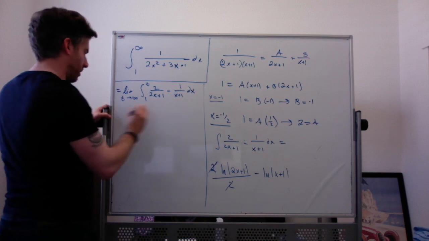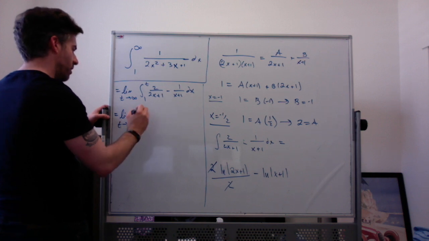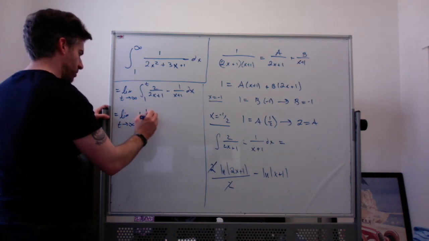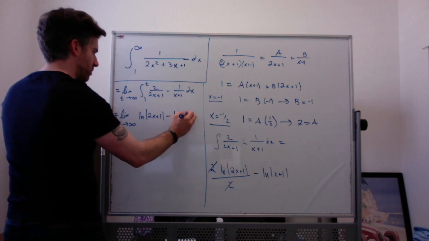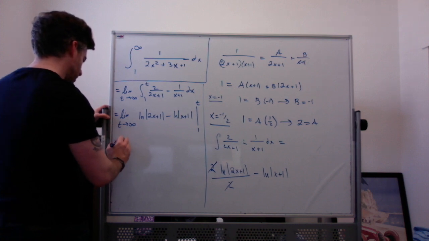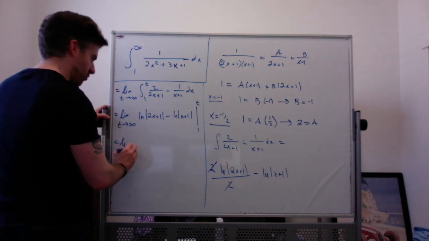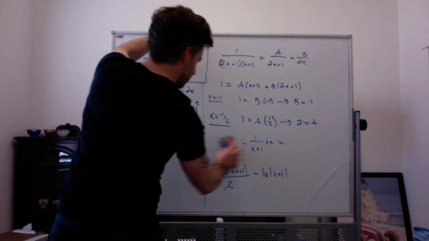Then we know how this integrates, so we're going to get the limit as t goes to infinity of the natural log of the absolute value of 2x plus 1 minus the natural log of the absolute value of x plus 1 from 1 to t. Plug in the limits of integration. I might have to erase over here so I can fit this in more nicely, so I'm going to erase this now that I've written my integral here.